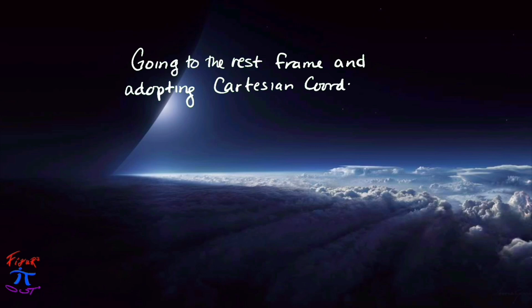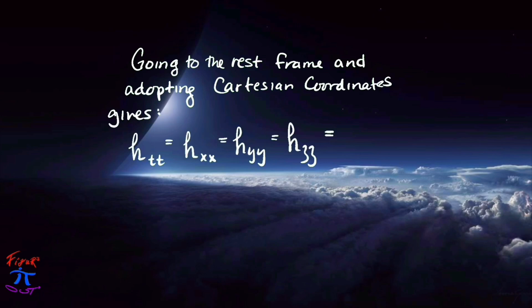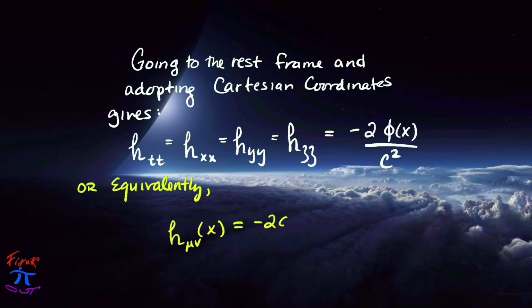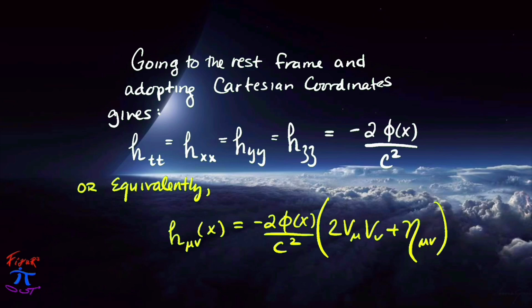Now, going to the rest frame and adopting Cartesian coordinates, this gives us elements of our metric h in terms of the Newtonian potential phi to be this, or equivalently this.